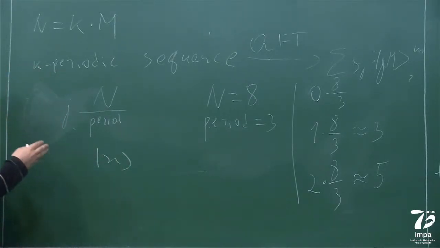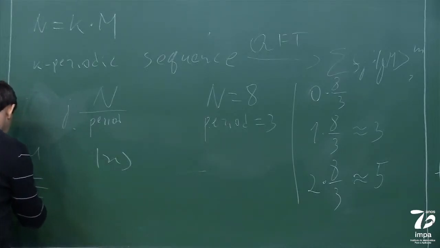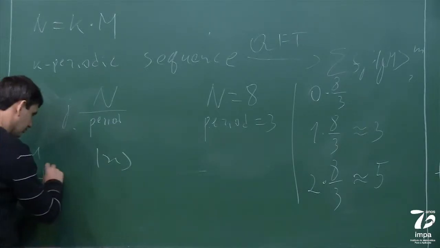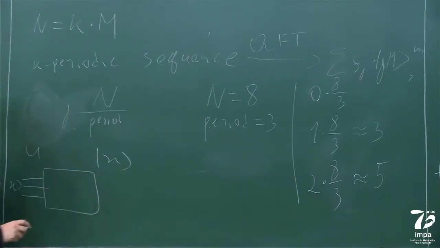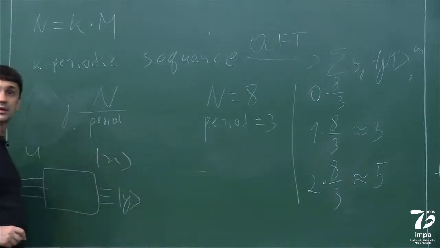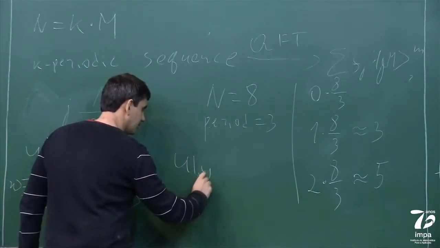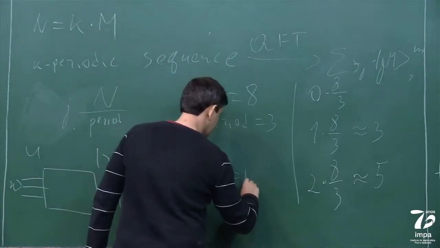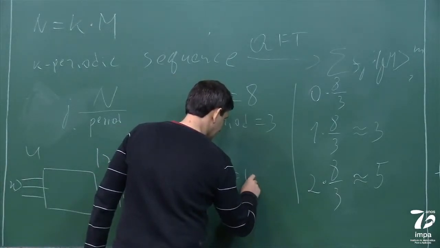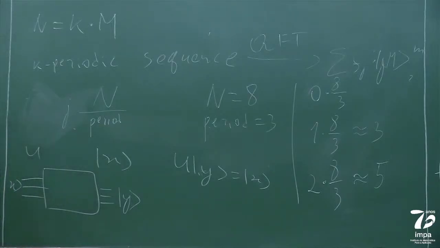You want to write a scheme which starts with X, and you run your scheme, and it ends up with a state Y such that U Y is equal to X.